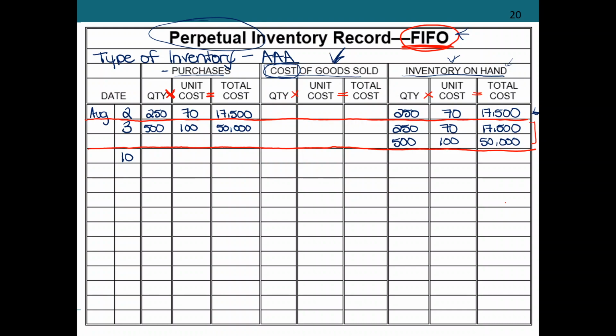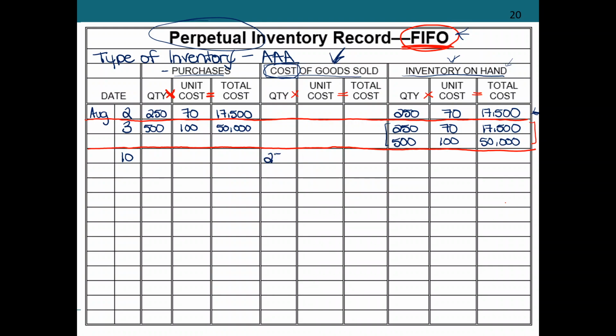Okay, so first in, first out. Now that we're selling these 300 units, we have to figure out what cost to apply to them. So we look at the inventory that we have on hand. We have $250 at $70. Those were our first purchase, and then $500 at $100. So we need to first take the first ones in, and they're the first ones that go out.